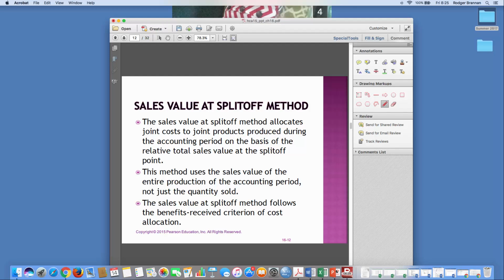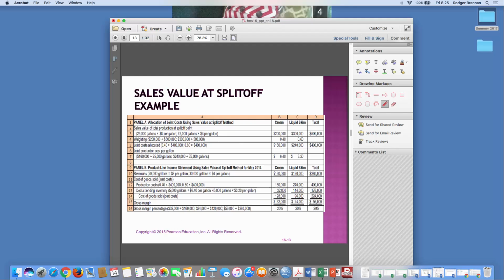The sales value at split-off method is probably the most common, but again, it also assumes that you're not going to process the item any further, that you cannot do anything with it, so you simply have to sell it as is. It is objective, but in most cases, companies will often process something further to enhance the sales value to make more money on it.